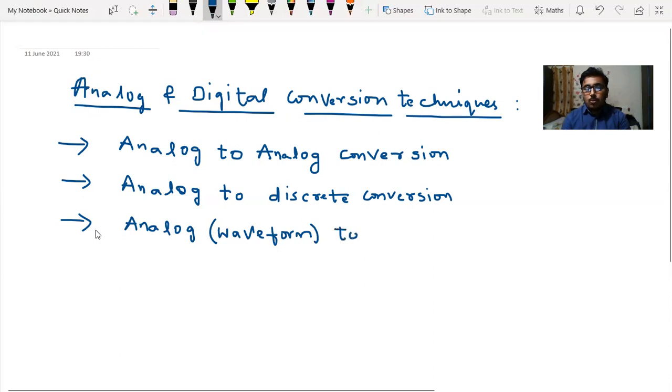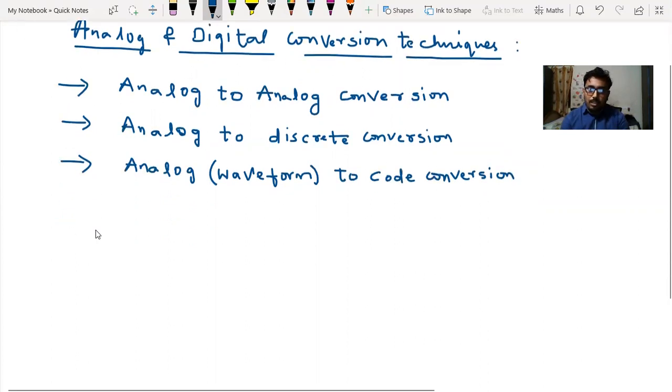So analog to code conversion. Okay, this is the third method we are going to see in our conversion process. So one is analog to analog conversion, next analog to discrete conversion, and analog, that is waveform, to code conversion.